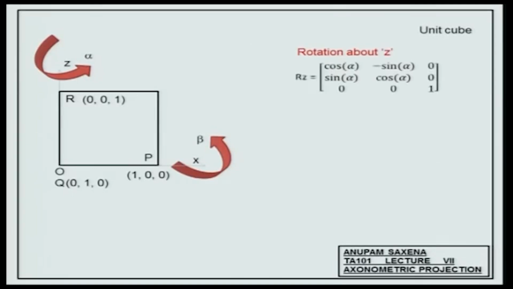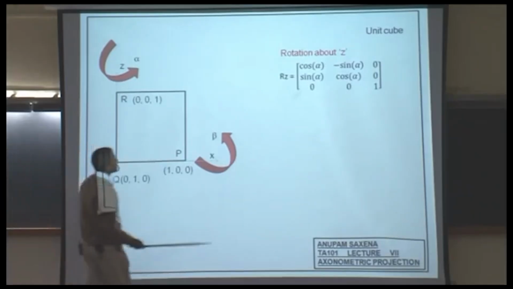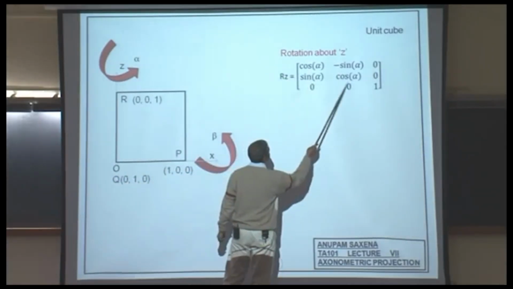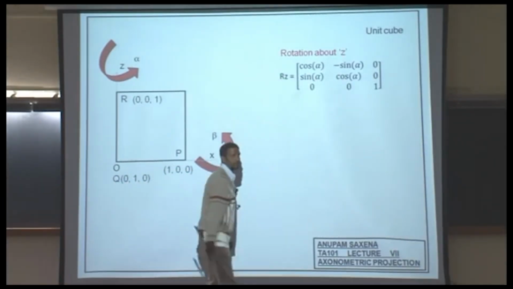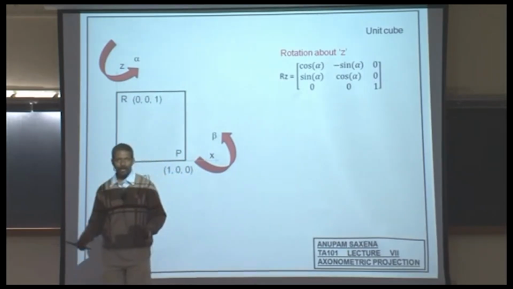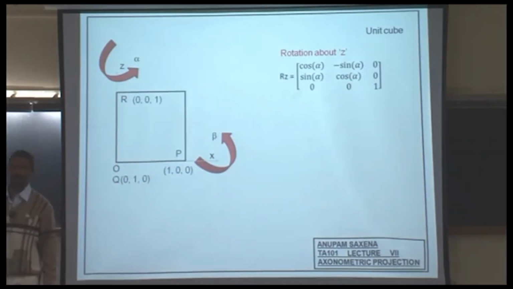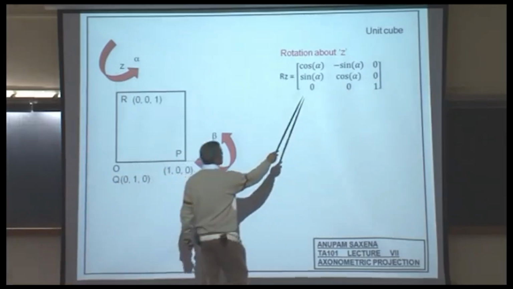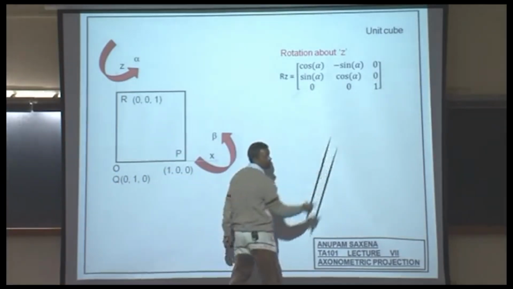Rotation about the z axis. If you look at this 2 by 2 block, that would rotate your x and y components. Okay, and your z component remains the same. So you have 0, 0, 1 here and 0, 0, 1 here.